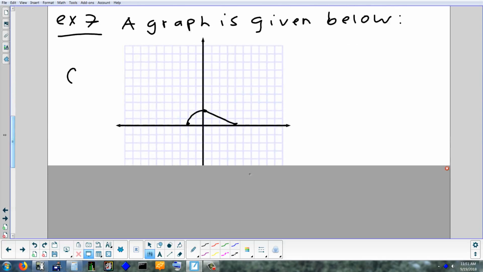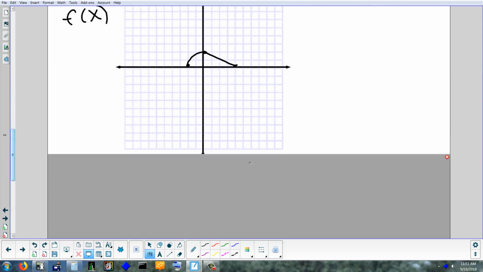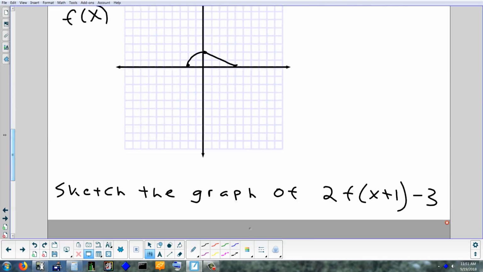What I want you to do to that shape is the following. I'm asking you to do 3 things to it. The plus 1, the times 2, and the minus 3. Let's start with the plus 1. What is the plus 1 going to do to that graph?